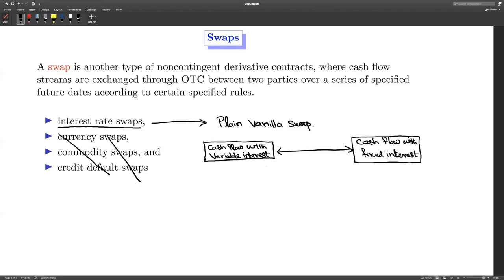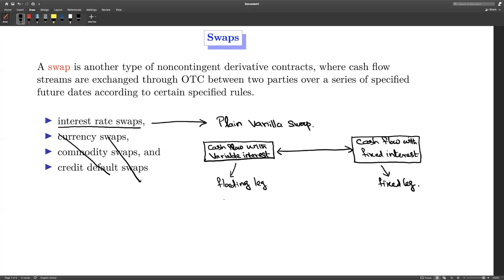However, the underlying principal amount is not interchanged, and hence the principal amount is generally called the notional principal. The variable interest rate cash flow is generally called the floating leg, and the cash flow with fixed interest rate is called the fixed leg.